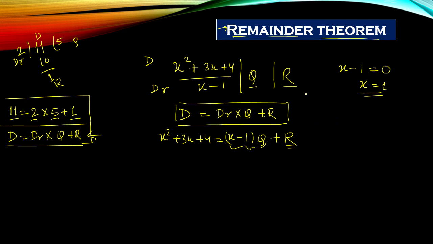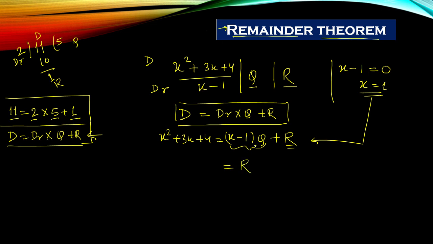So now we got the 0 of the divisor. If we put the 0 of the divisor here, we see 1 minus 1 is 0, 0 into q is 0. Ultimately, if this term cancels out, we will get r.